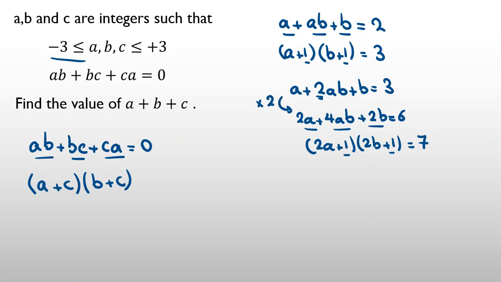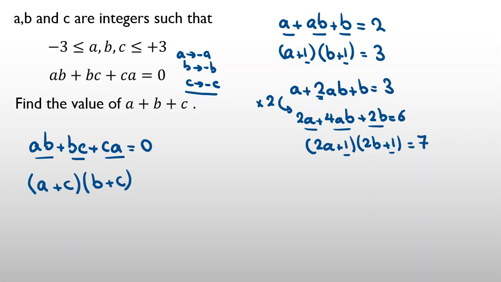Do you agree that if I change A to negative A, B to negative B, and C to negative C, then this part still is 0? Because in AB, if you change both A and B to negative A, negative B, the negatives cancel. So if A, B, C is an answer, then negative A, negative B, negative C is also an answer.